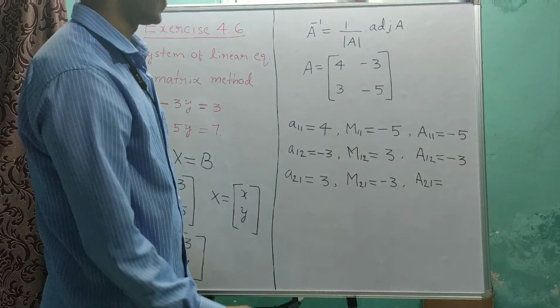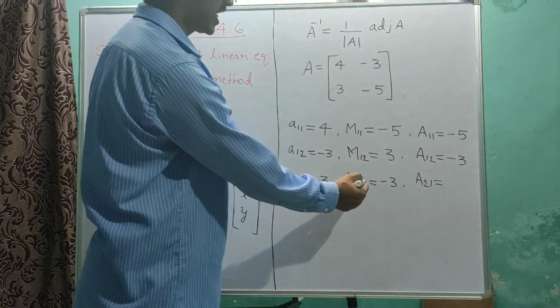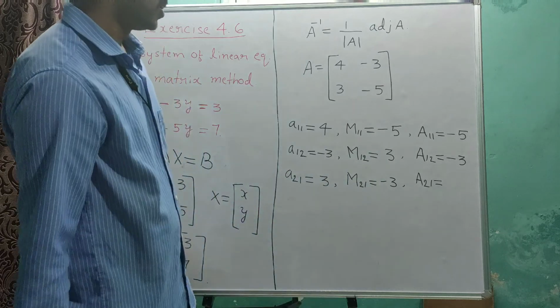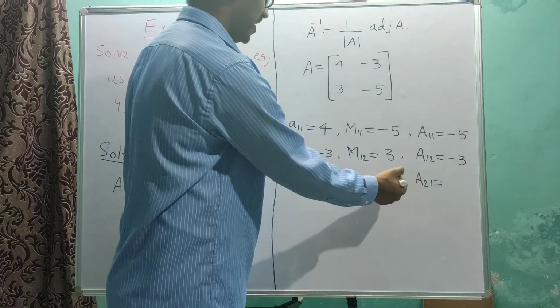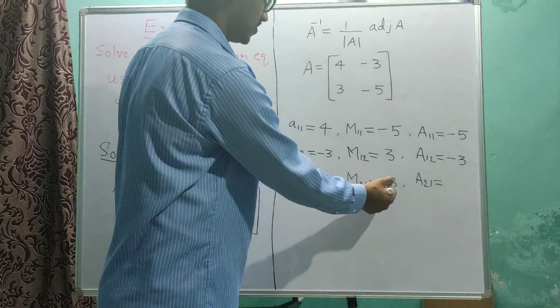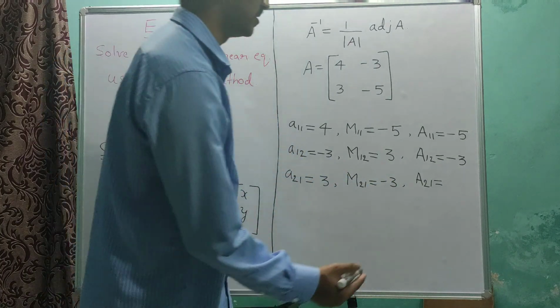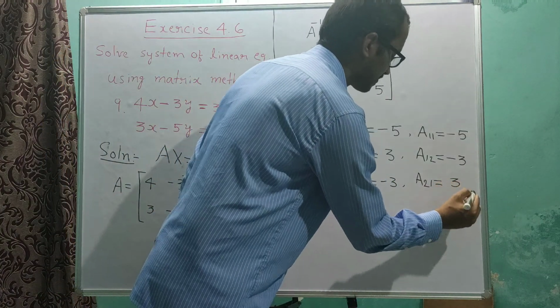Here the sum of the suffixes, 2 plus 1, is 3, which is odd, so the cofactor will be the negative of the minor. So the negative of minus 3 becomes 3.